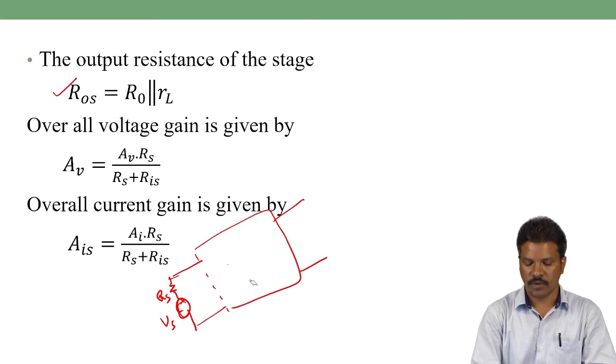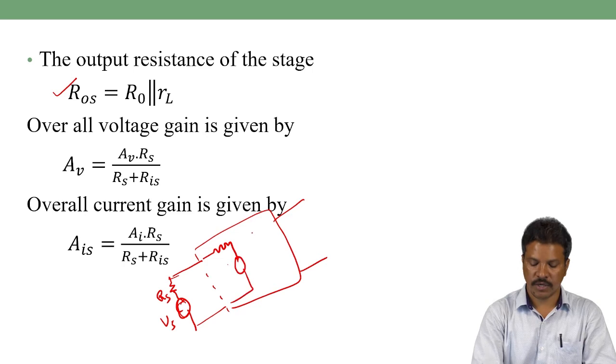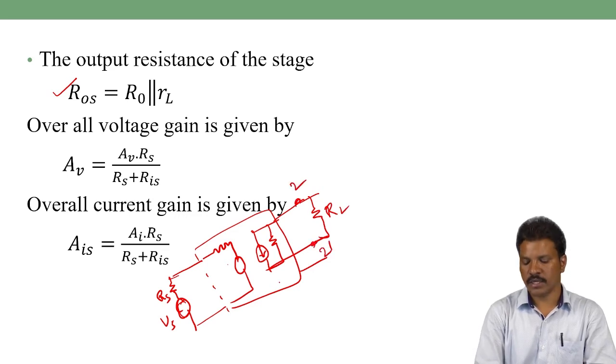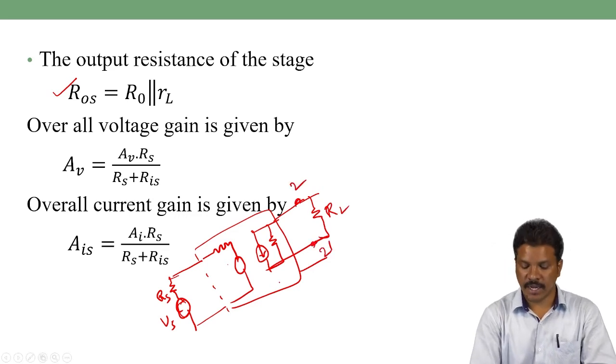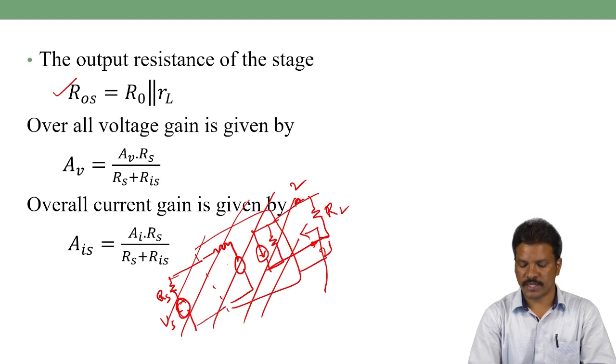In this case, we consider the internal resistance Hi, a voltage source, and a current source in parallel with HO. This is connected with RL at port 2 and 2 dash. Considering all the resistance looking into port 2 to 2 dash, this is called R0.